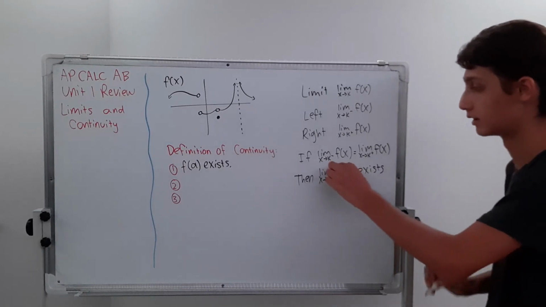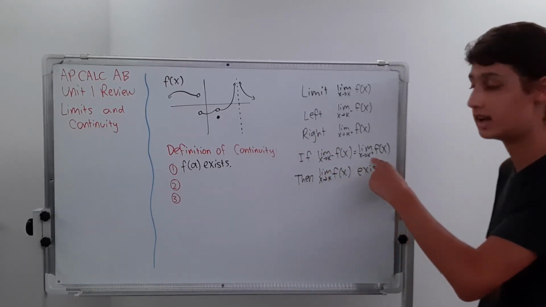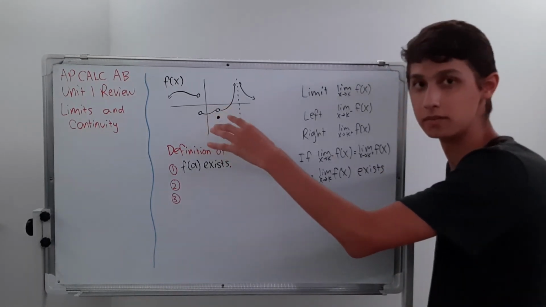So you're saying that if the limit as x approaches k from the left is not equal to the limit as it approaches from the right, then your limit doesn't exist. Your limit exists here because they both approach about the same values.